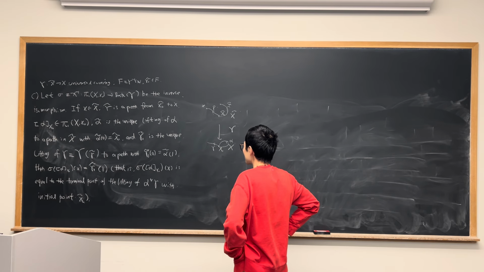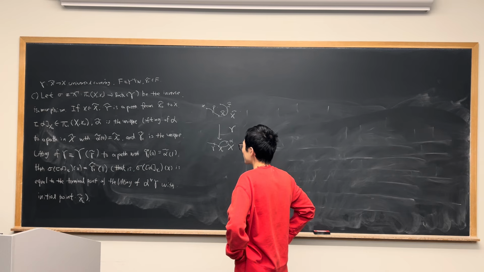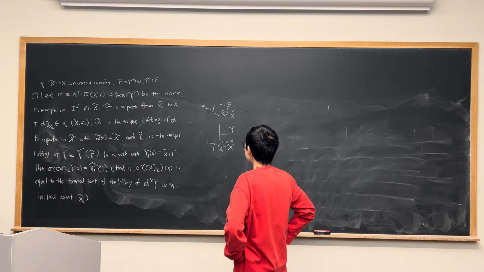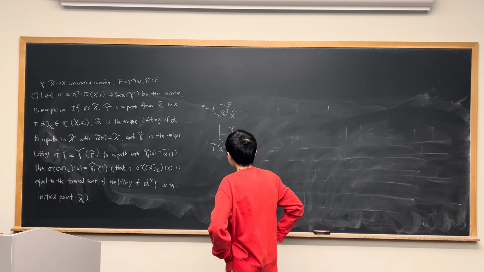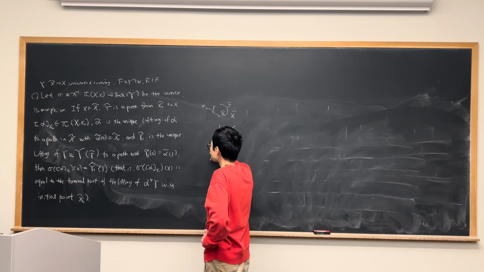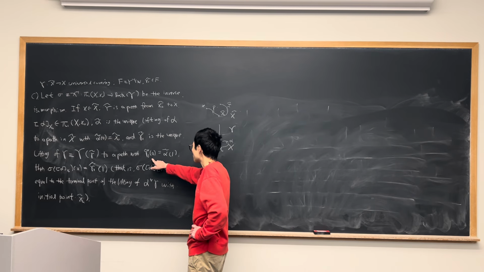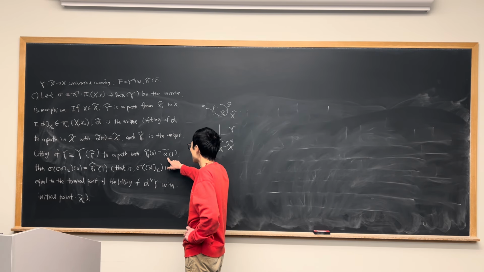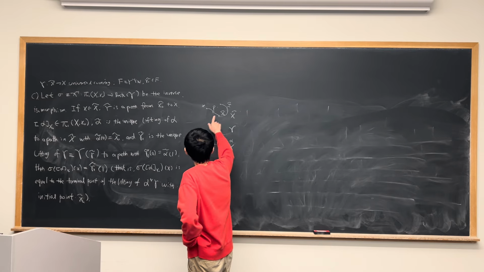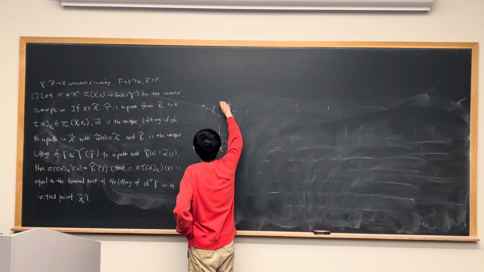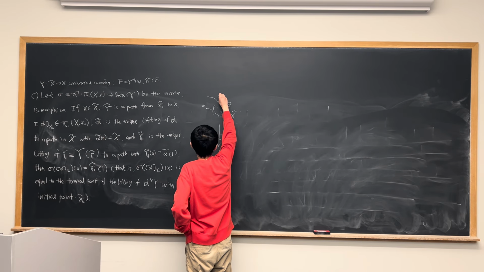So gamma 1 tilde is the unique lifting of gamma to a path with initial point alpha tilde 1, which is the endpoint up here. So basically what you do is that you do a lifting like that.